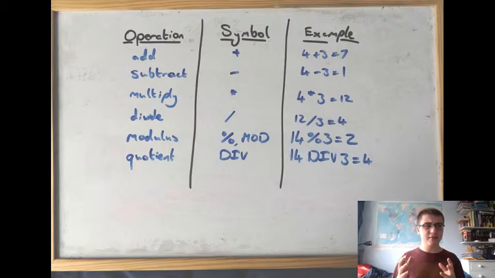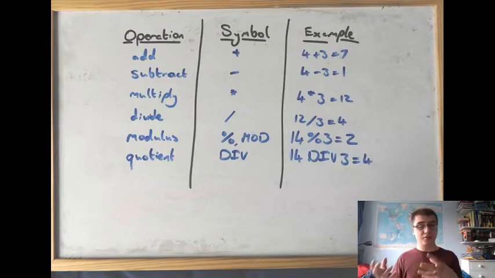And that basically, when you give it 2 numbers, will return the remainder after dividing the first number by the second number. The example I've given here is dividing 14 by 3, which would give you the remainder of 2. You then have the quotient, which I don't know the symbol of for Python.